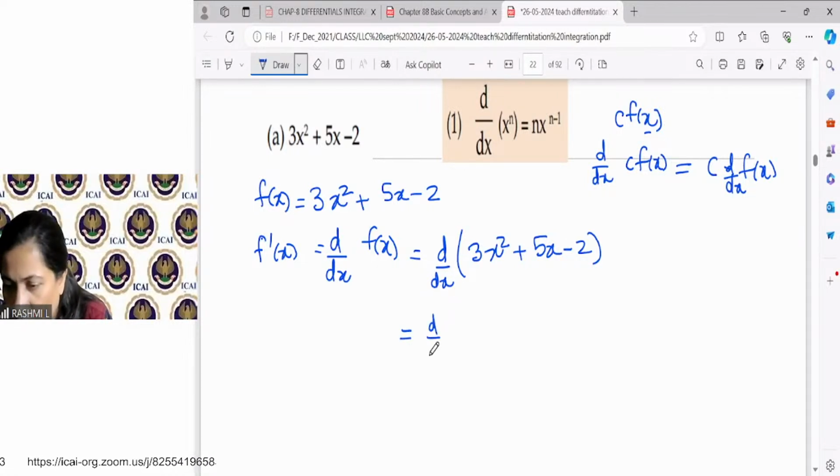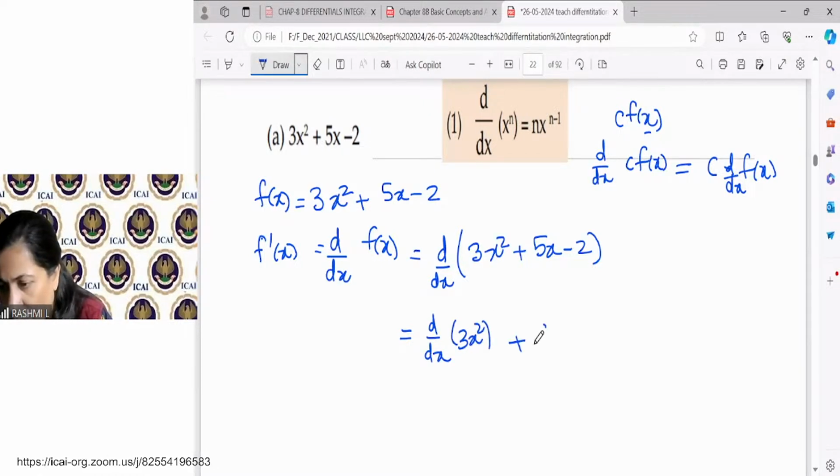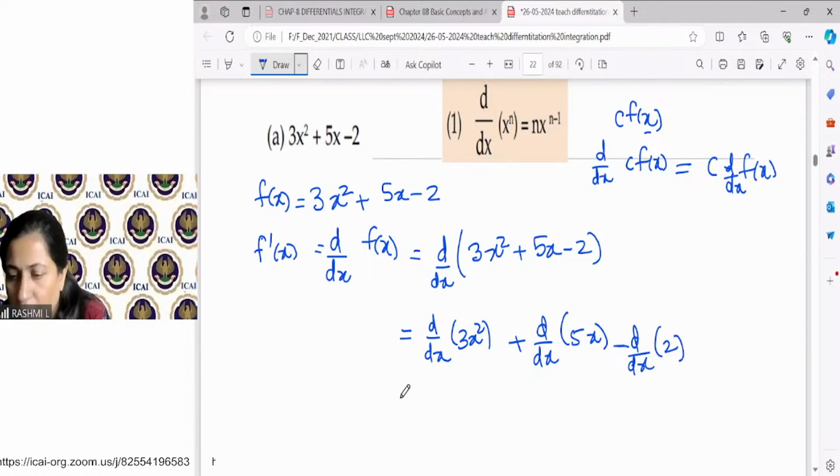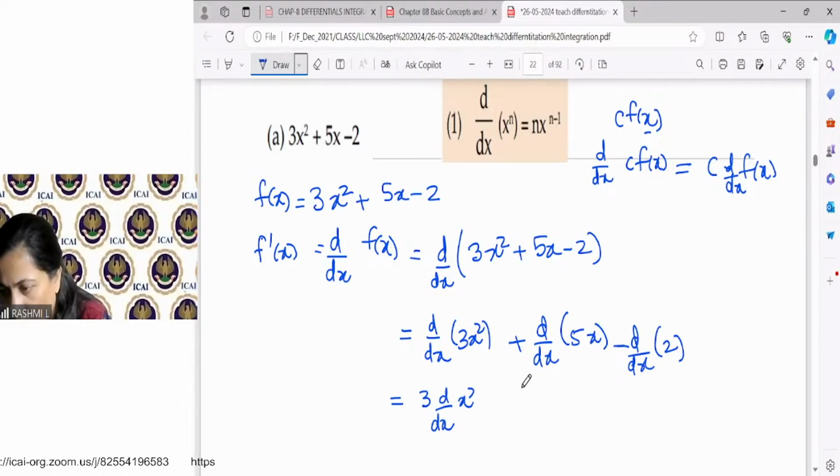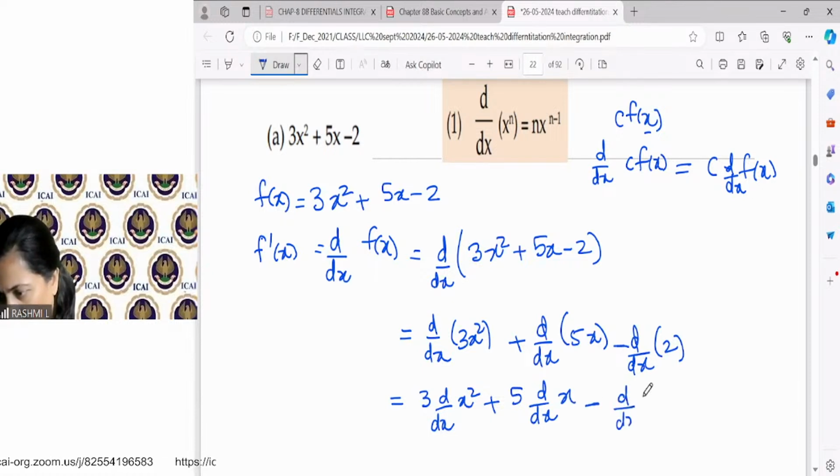So this will be d/dx of 3x² plus d/dx of 5x minus d/dx of 2. Now I have to take the c outside. So this will be 3 d/dx of x² plus 5 d/dx of x minus d/dx of 2.